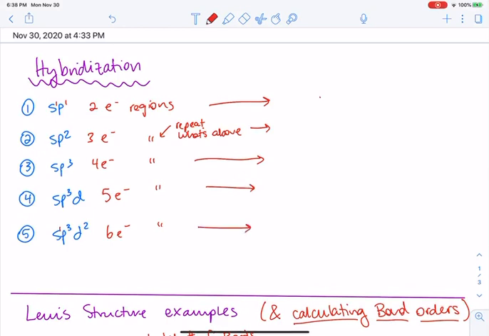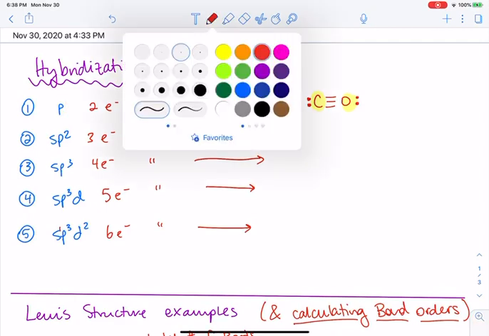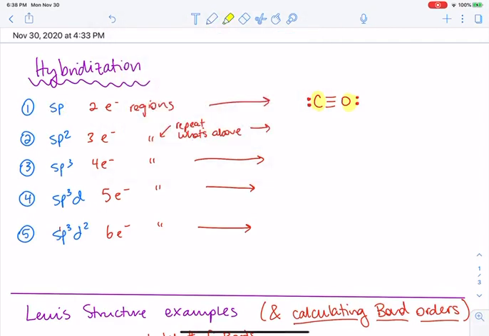So for example, if we have carbon monoxide, which looks like this, both the carbon and the oxygen here are sp hybridized, right? We're just interested in the sp, but we'll say that it's sp hybridized.